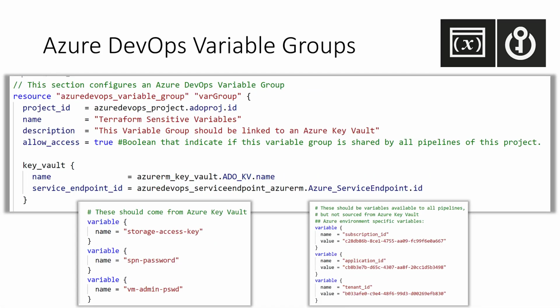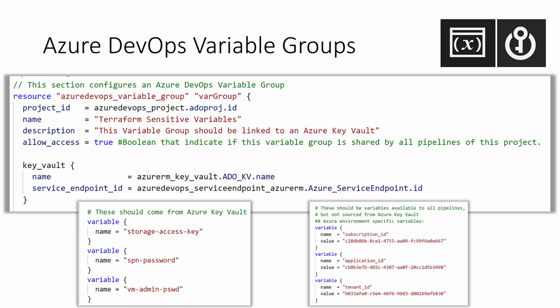Now we're going to talk about the variable groups within Azure DevOps. These control what the pipeline can leverage and unify some of the command lines and so forth. So I have two examples of variable groups. This first one is linked to an Azure Key Vault that contains sensitive information, things like our storage access keys, our SPN password, maybe a default admin password that we want to have on virtual machines when they're created.